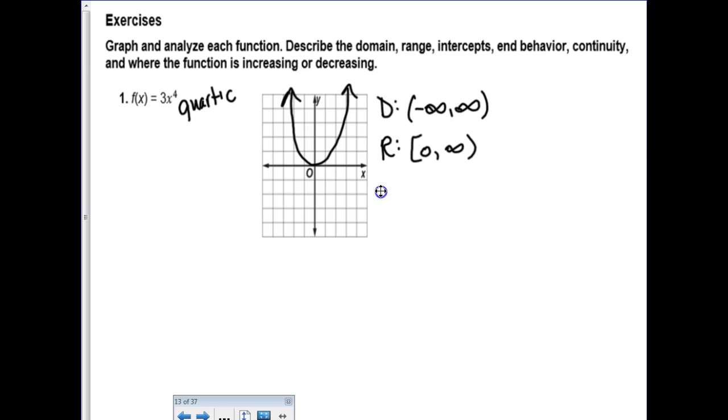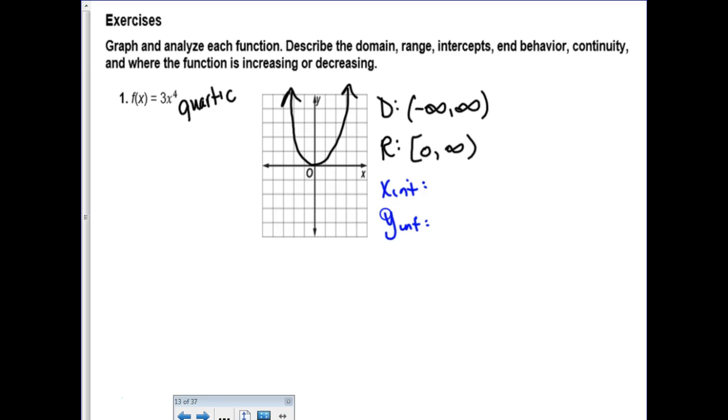Intercepts. Okay, I would like you to split this into the x-intercept and the y-intercept. Now this is where your textbook is going to differ from other textbooks. I agree with your textbook if you're looking for an opinion. The true definition of an x-intercept is where a function changes from positive output value to negative output value.